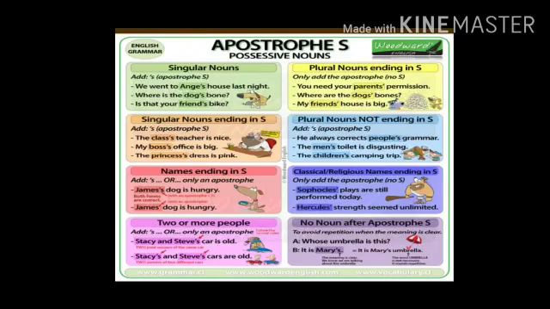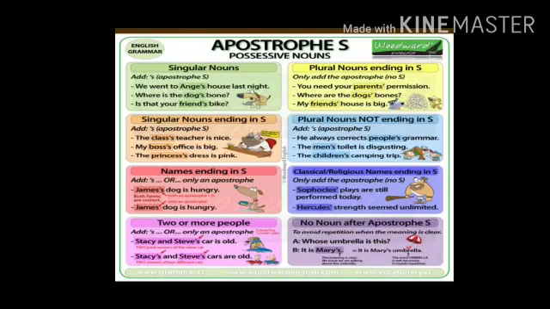If it is a plural and it is not ending in s, like men, children, then again apostrophe and an s. Similarly, if it is jointly owned, then on the last word, like Stacy and Steve's car. But if Stacy is owning a different car and Steve is owning a different car, then Stacy's and Steve's car.